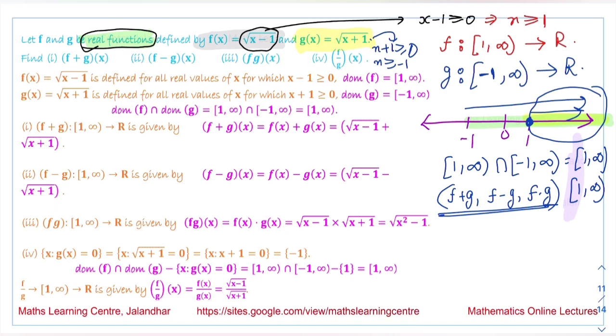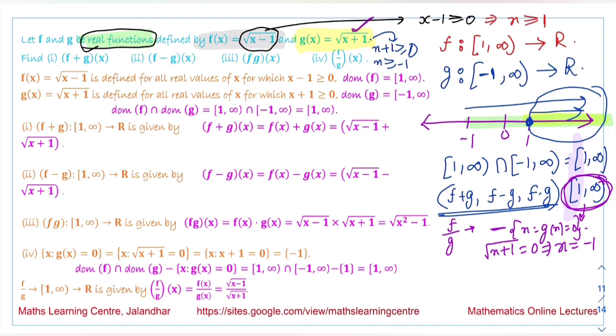When we are talking about the function f over g, we have to remove those elements from this interval for which g(x) is equal to 0. It means square root of x plus 1 is equal to 0, so x is equal to minus 1. Whenever we substitute the values from the domain of this function, this number is never 0.